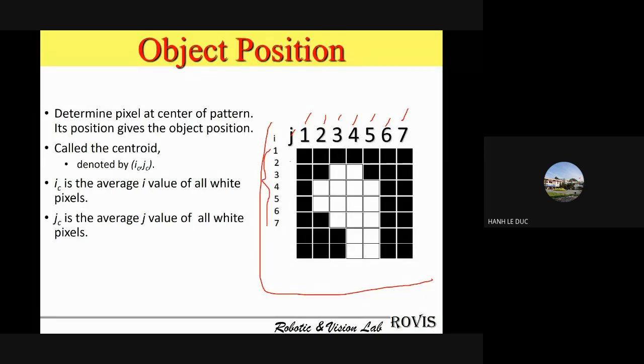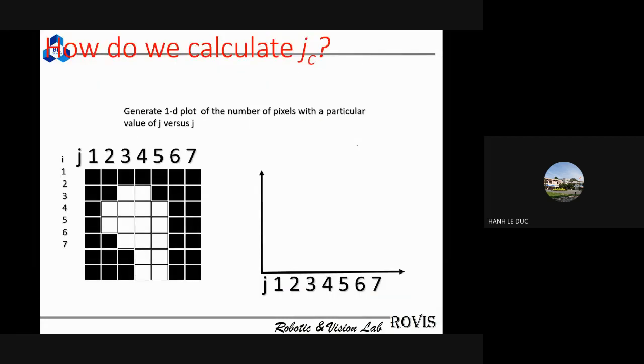This one is 1, 2, 3, 4, 5, 6, and this is 7. So this one is the index of U and V. Let's see, first, how to calculate the JC, that means the U here. C is the centroid.